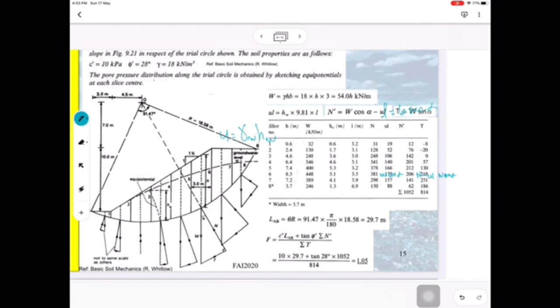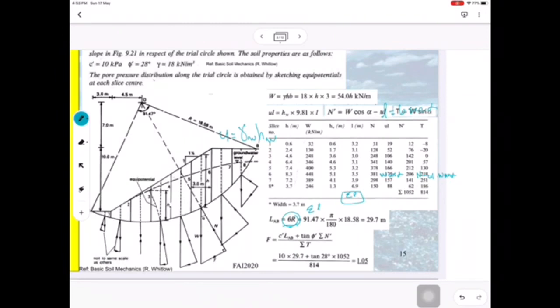So you see here, Whitlow uses LAB equals R theta, but Braja M. Das uses LAB equals summation of L. Okay, so it's up to you, but must stay consistent. If you use LAB equals R theta, every time you do the exercise you just keep LAB equals R theta.